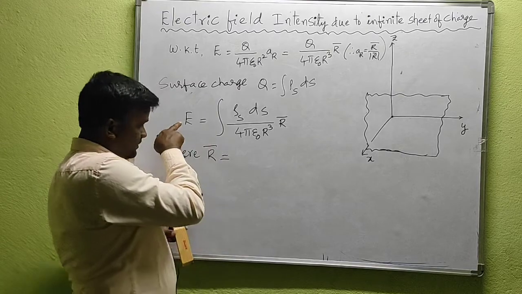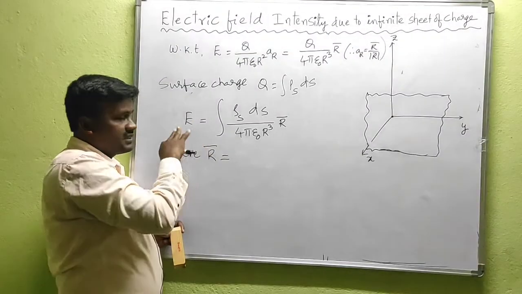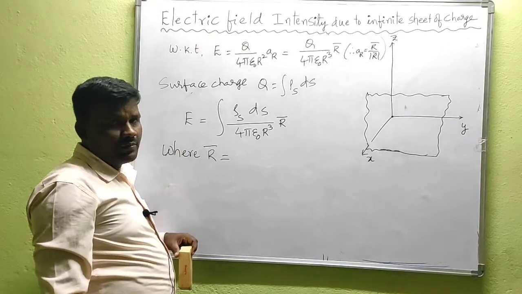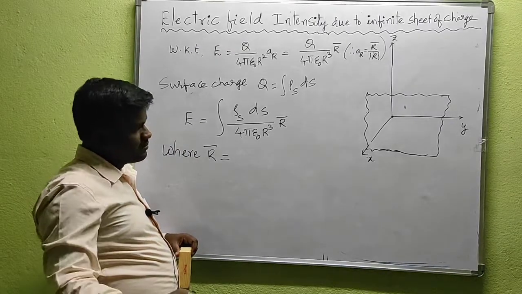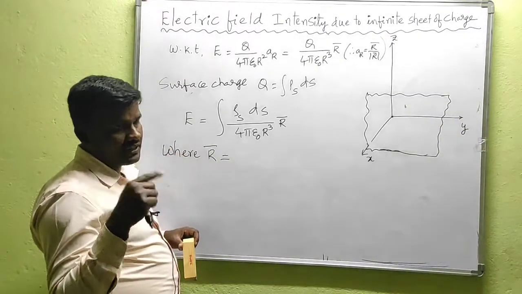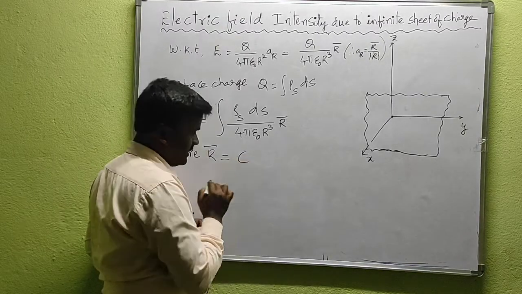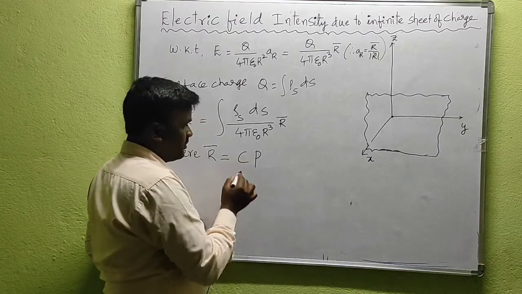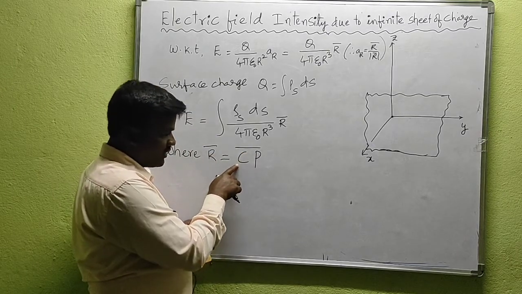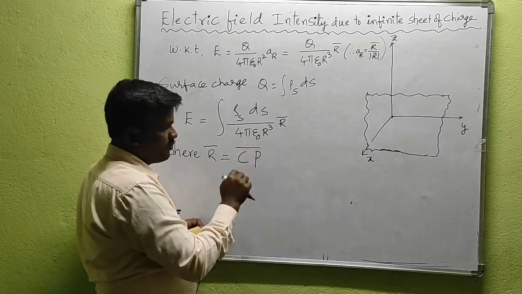To determine the electric field intensity at a particular point, we need to consider the point of interest, which is called the field point or observation point. So we require two points: one is the source point, another is the field point. Let us consider the source point as C and the field point as P. Then R bar is the distance vector between the starting point, the source point, and the ending point, the field point, that is CP bar.